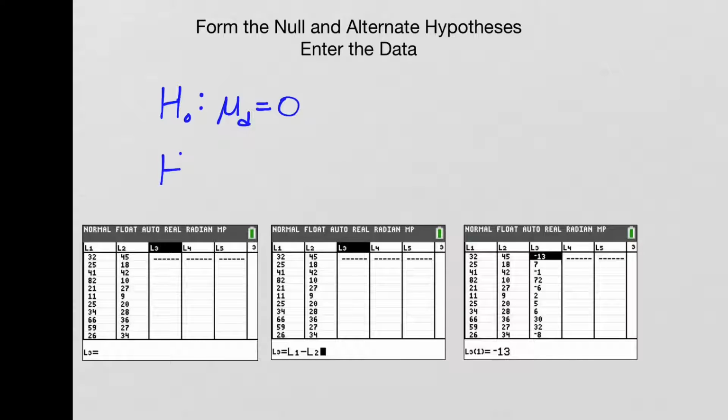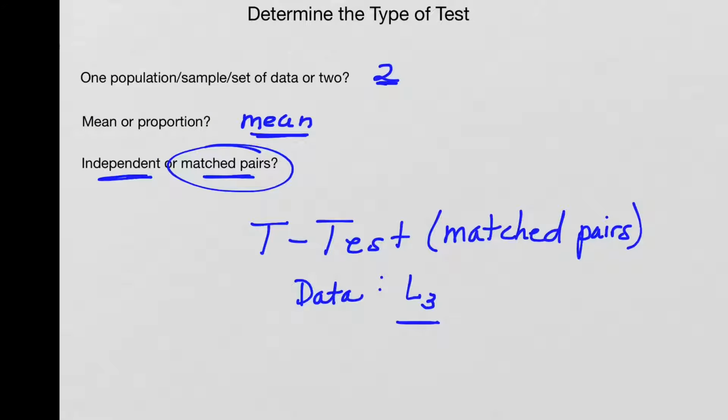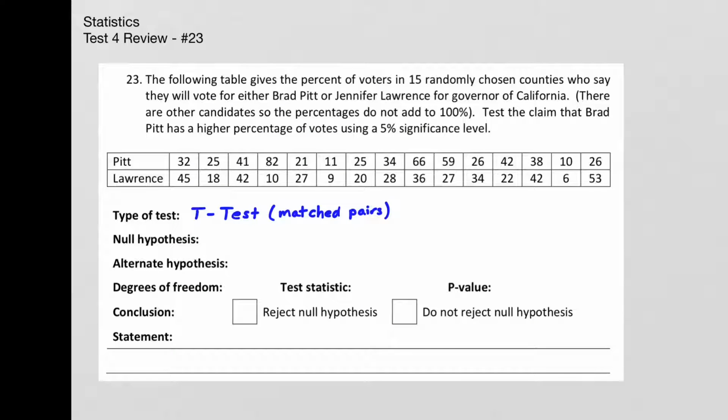That's the null hypothesis. And the alternate says that the average of the differences, now let's go back and take a look. What did they say? That Brad Pitt has a higher percentage. So this is a one-tailed test.